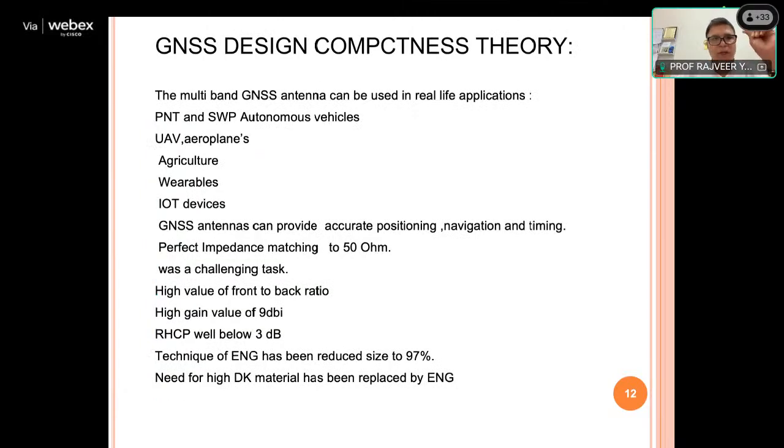Now, a very important part of my today's lecture will be this compactness.